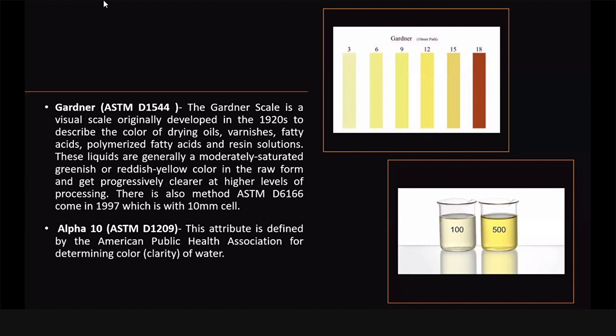Both are broadly used, and the only difference is that the first one, which we call ASTM D1544, is with a 20 mm path cell, and ASTM D6166 is with a 10 mm path cell. Other than that, everything is the same, and in both cases they apply the same small x, small y chromaticity coordinates.